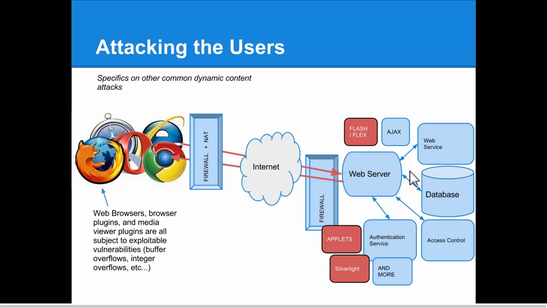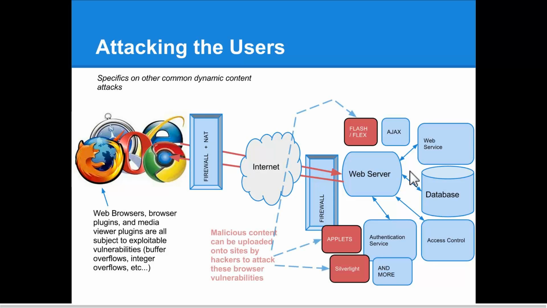There can be all sorts of vulnerabilities in these third-party plugins too. They don't get as much security attention as they deserve, and they're often overlooked as a potential vector for attacking defenders. All those plugins can have buffer overflows, integer overflows, etc.